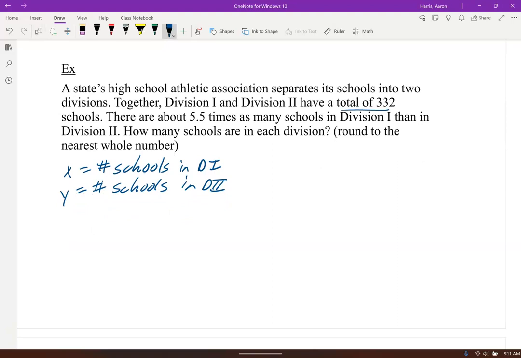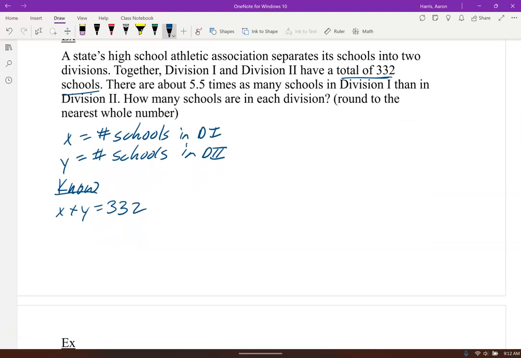And then what are the givens here? Well, there's a total of 332 schools. So we know X plus Y equals 332, right? And then we also know there are about 5.5 times as many schools in Division 1 than Division 2.